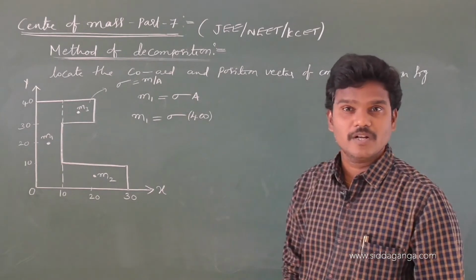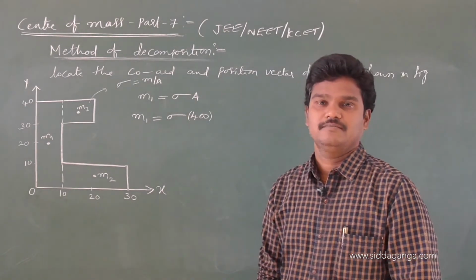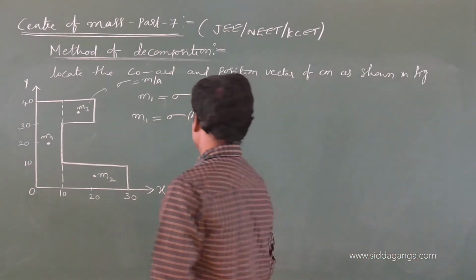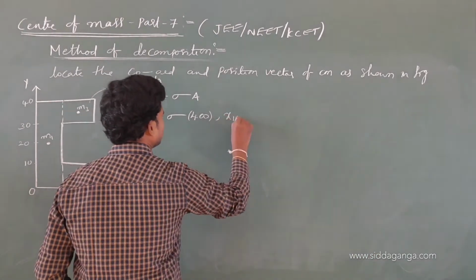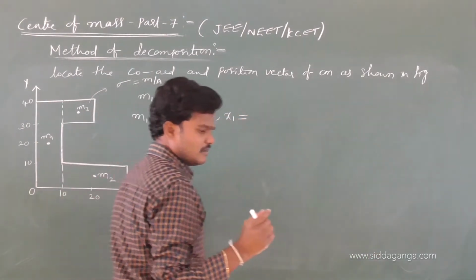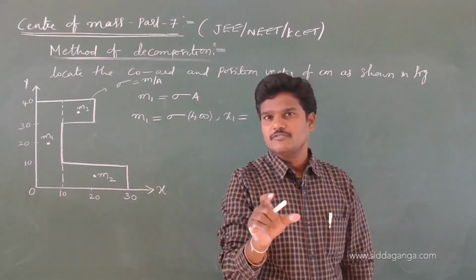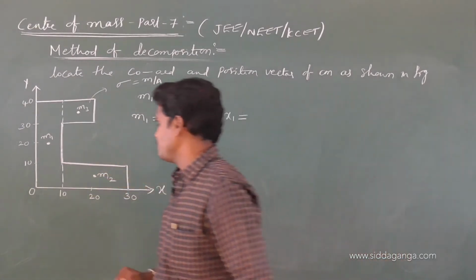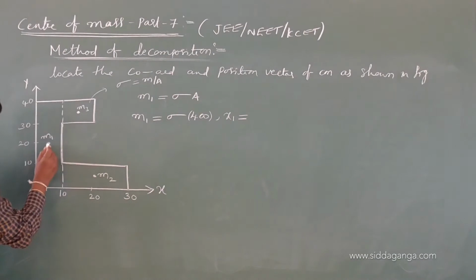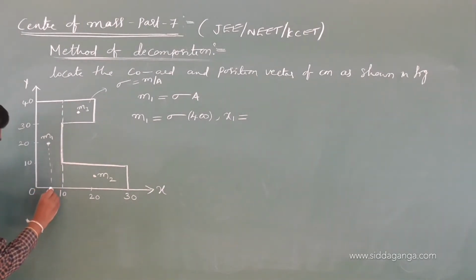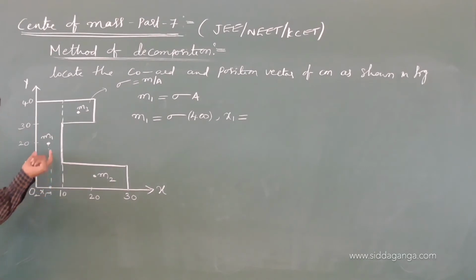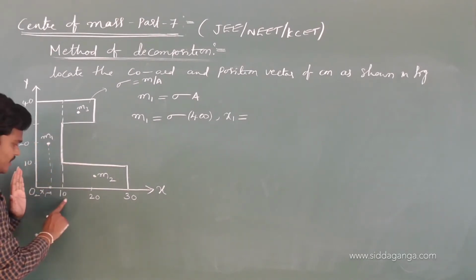Decide the x1 coordinate and y1 coordinate. x1 is the x coordinate of the center of mass for the first body, for the first mass. See, this is x1. Starting is 0, ending is 10.